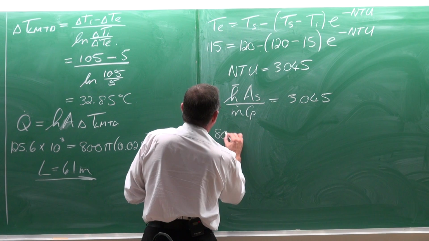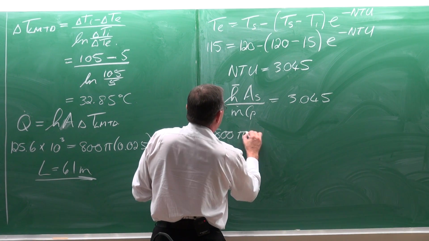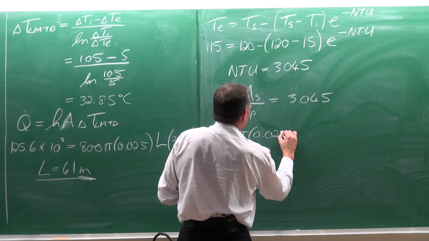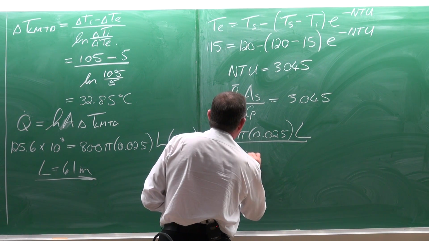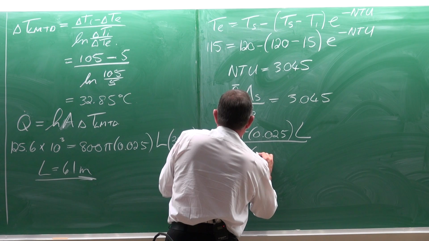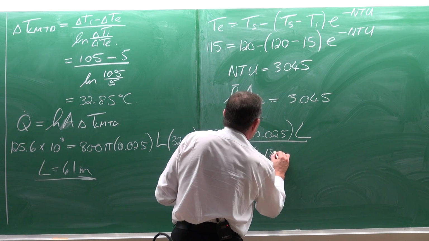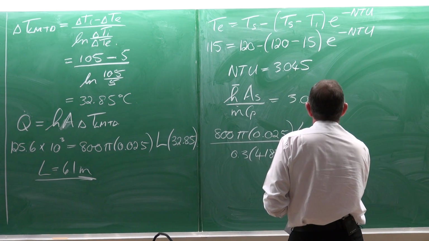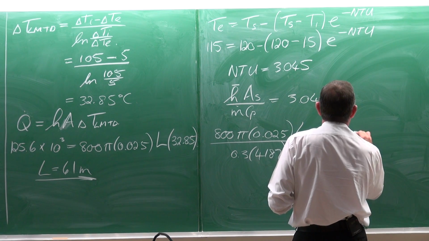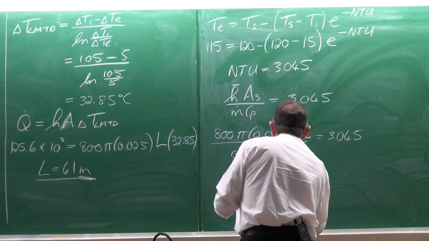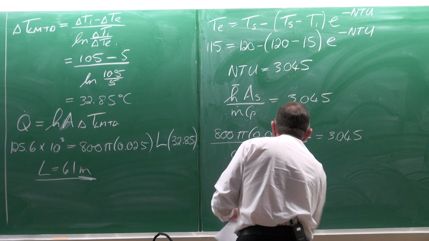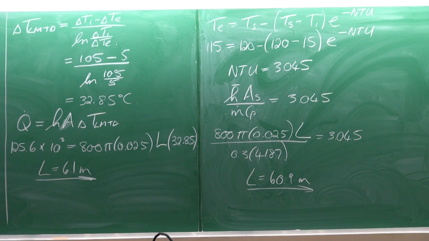The heat transfer coefficient is 800. Pi multiplied by 0.025 multiplied by the length divided by the mass flow rate 0.3 divided by the Cp value 4187 is equal to 3.045, and fortunately if we calculate it we get 60.9 meters. Okay, so it's about the same answer and they should be the same.